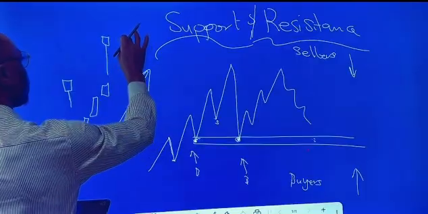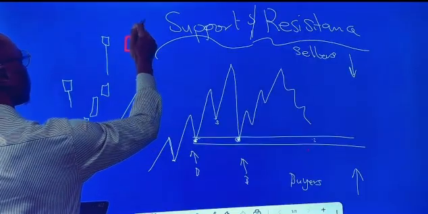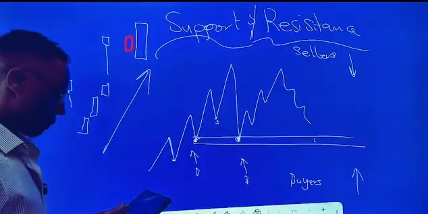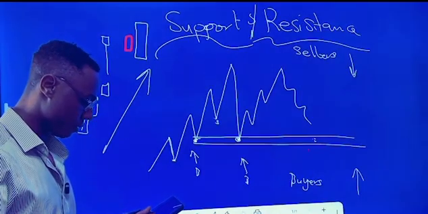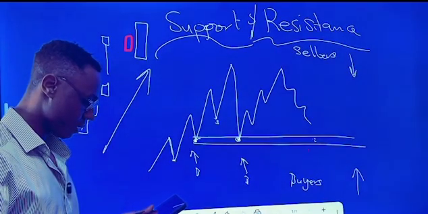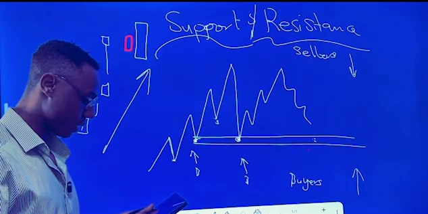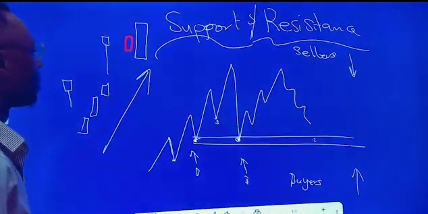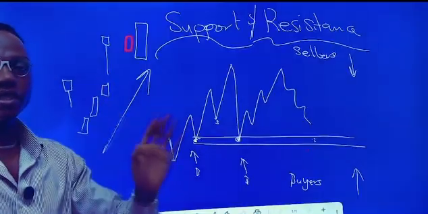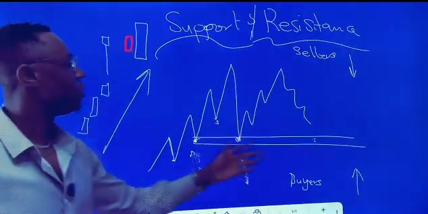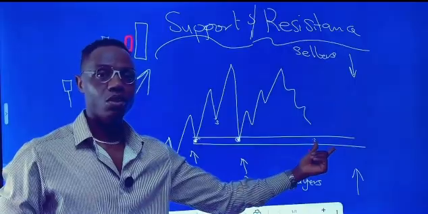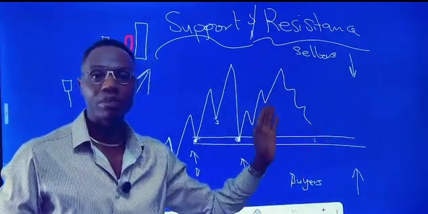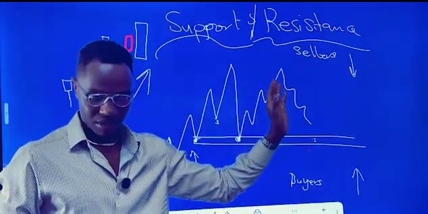We have bullish engulfing. We have the shooting star, the white soldiers. So that is it. Now, all these candlestick formations that you are mentioning, you need to see them here. Once you see one of them here, it is confirming that the price has a higher potential of pushing up.